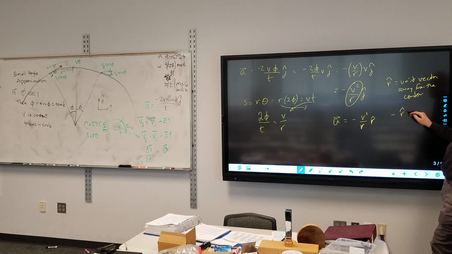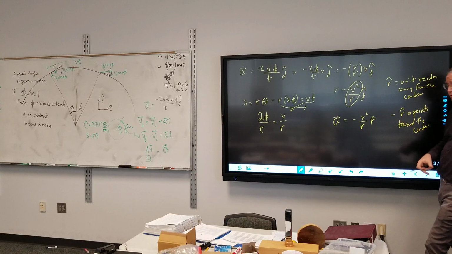Negative r hat would be pointing toward the center. So r hat is away from the center, negative is the other direction, towards the center.